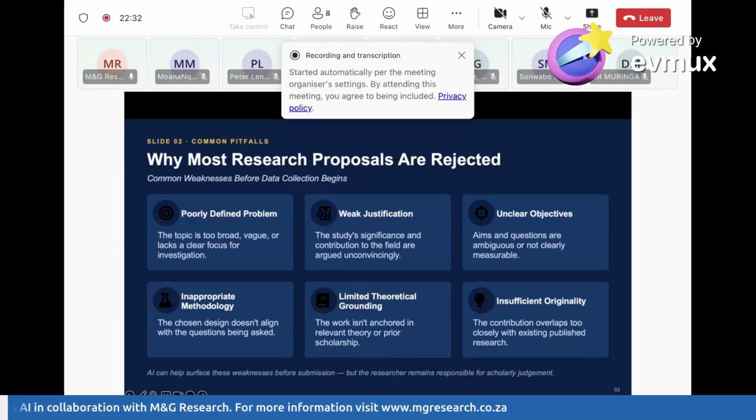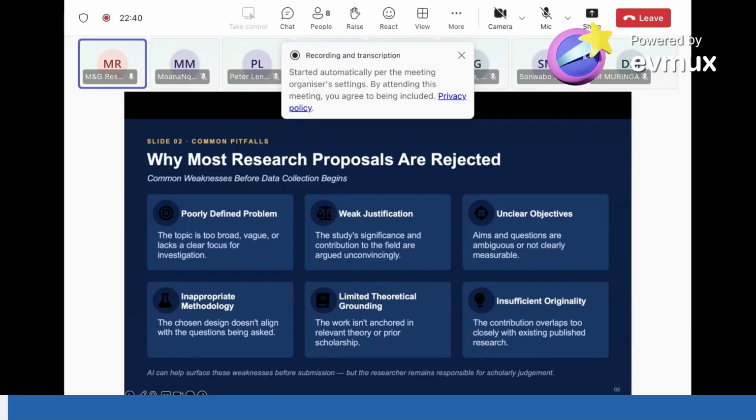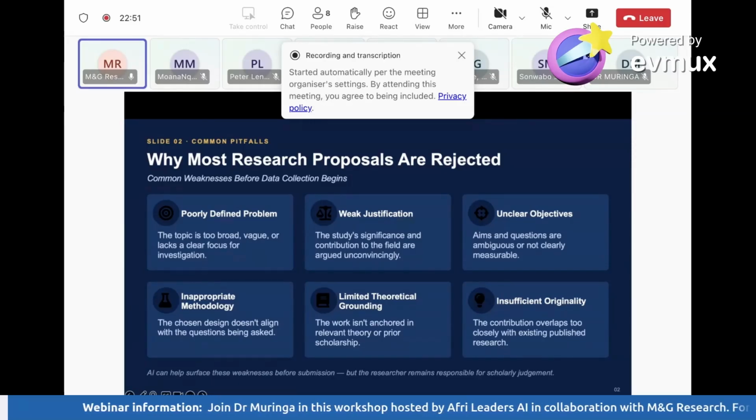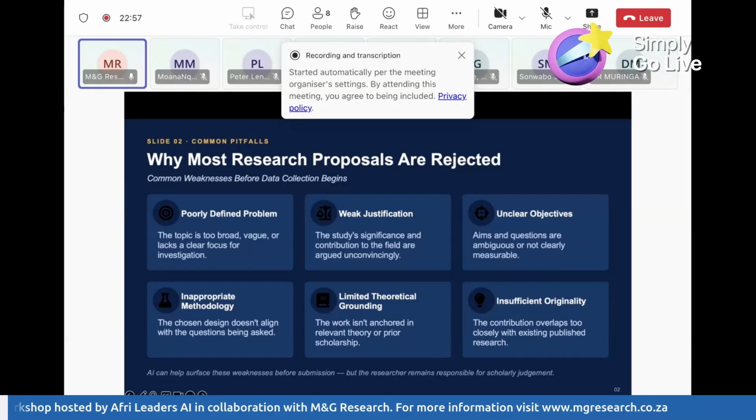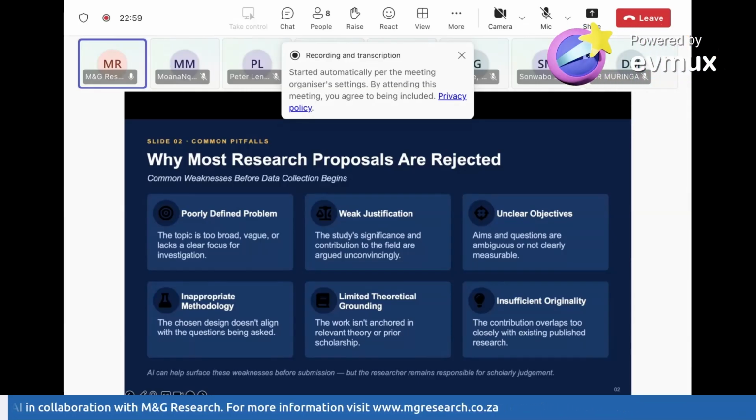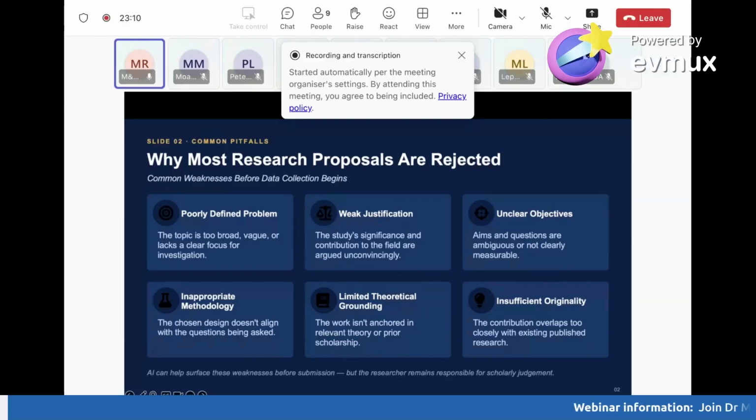The other issue is that the objectives might be ambiguous and not clear, right? And they are not measurable. We don't really understand what you want to achieve in this particular case. Also, the chosen design might in most instances not align with the questions that are being asked. You look at the questions, they sound qualitative, and the design that is there is quantitative, and there's a disjunction and disconnection between the questions and the objectives.